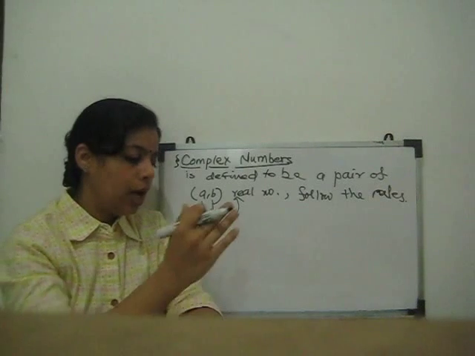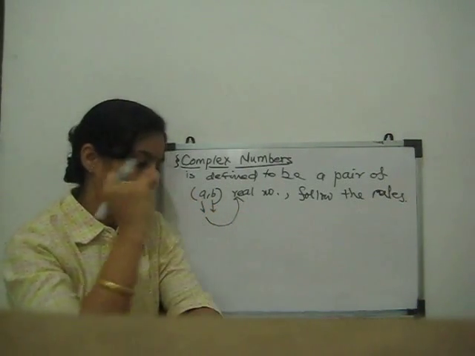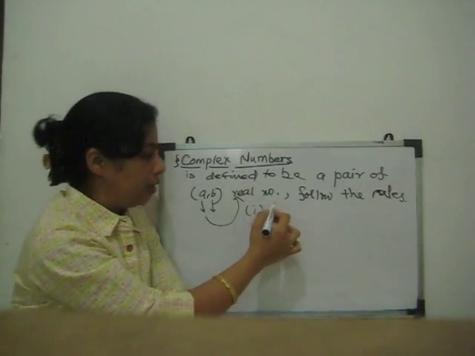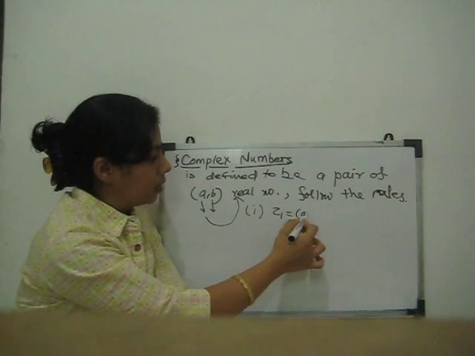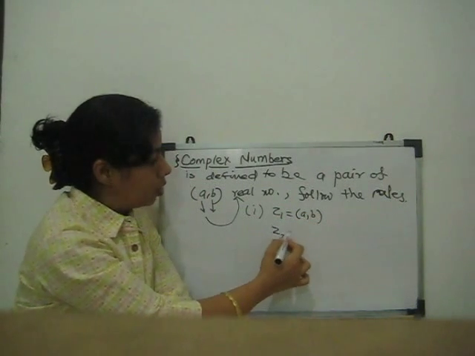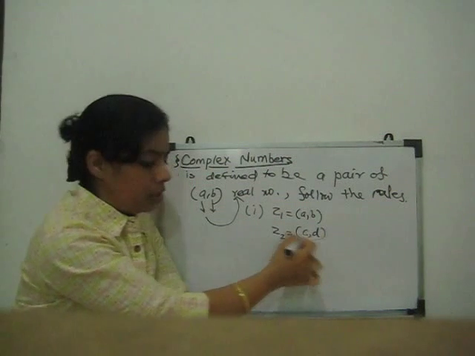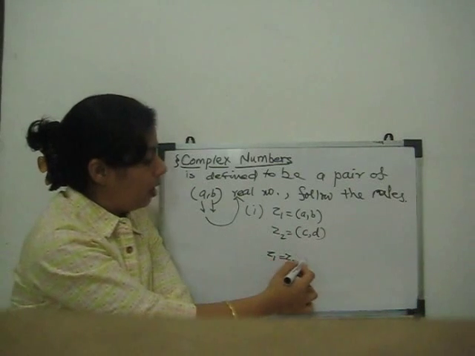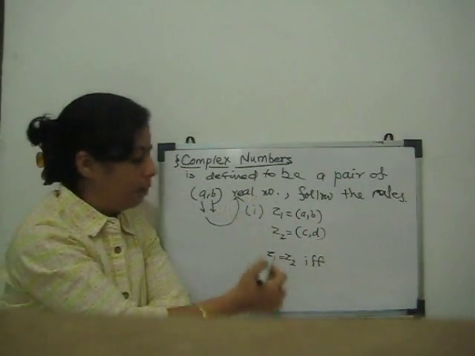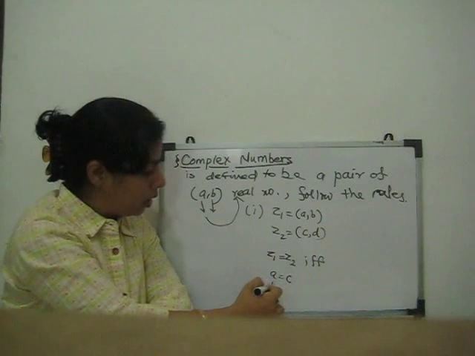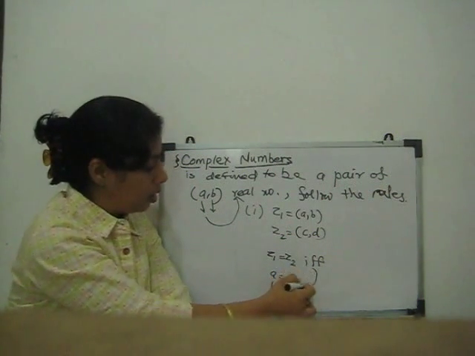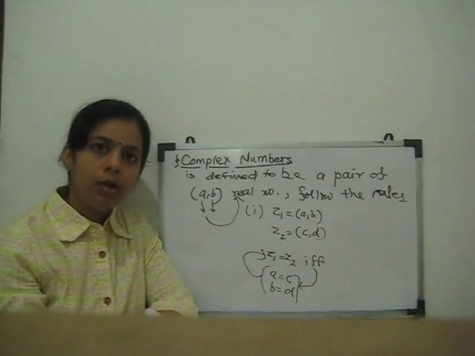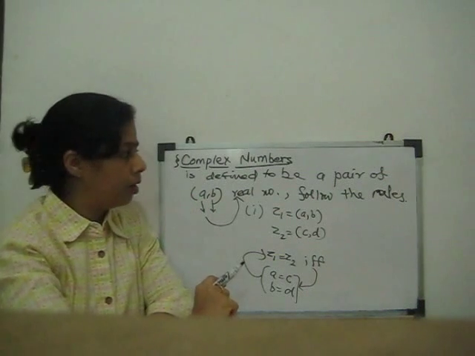So what are the rules? I can discuss here. First one: if Z1 is one complex number A, B, and Z2 is another complex number C, D, then we can say Z1 equal to Z2 if and only if A is equal to C and B is equal to D. Then only is Z1 equal to the other number.